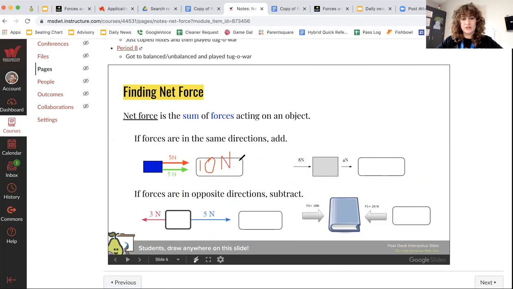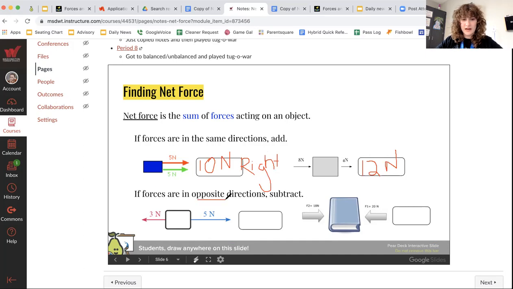And we give a direction. So this is going to be to the right. Okay, no more writing for me. 8 and 4, and they're both pointing to the right again, so 8 plus 4 equals 12 newtons to the right. I'm just going to do the 12 newtons.